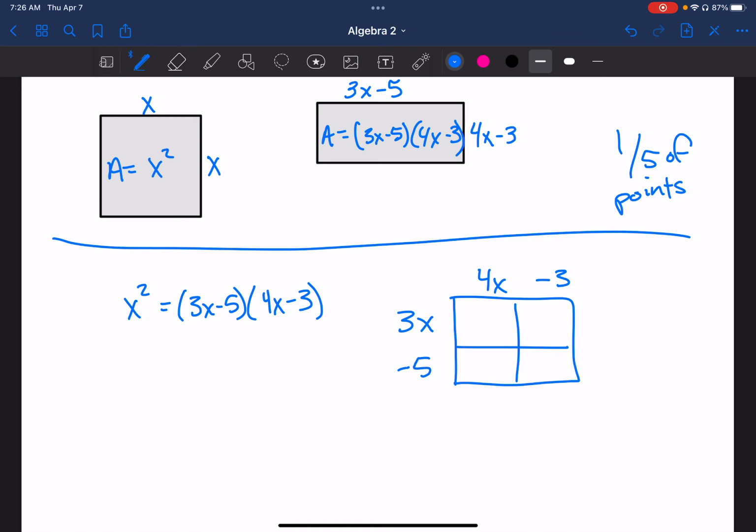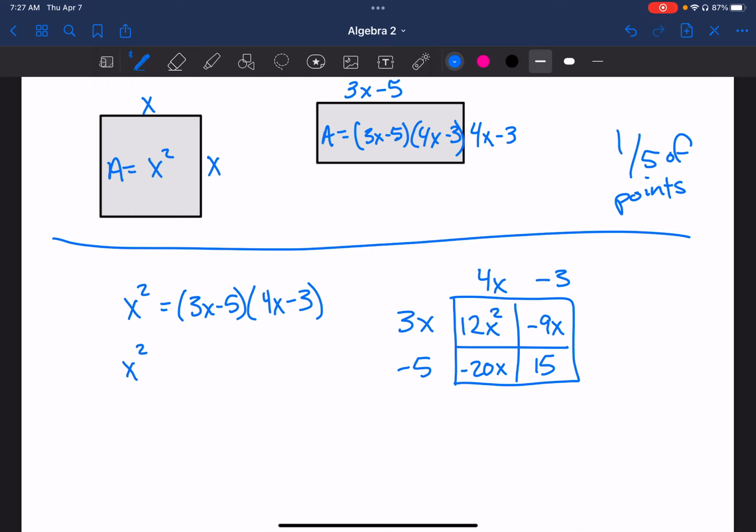You should celebrate when you see something like this because this is telling you that, hey, you've done this. So just multiply into each box. So 12x squared, negative 9x, negative 20x, and positive 15. So now we can take this thing, rewrite it.